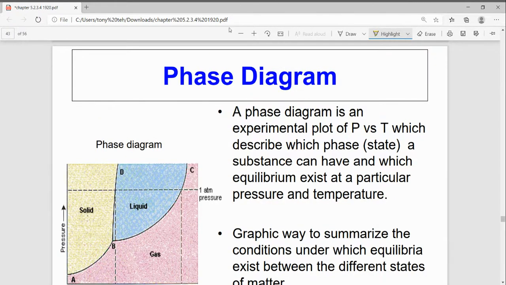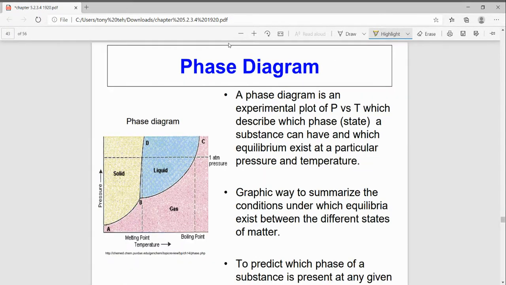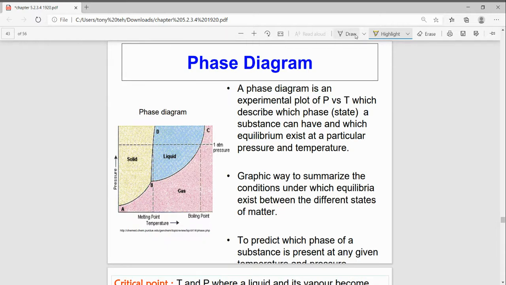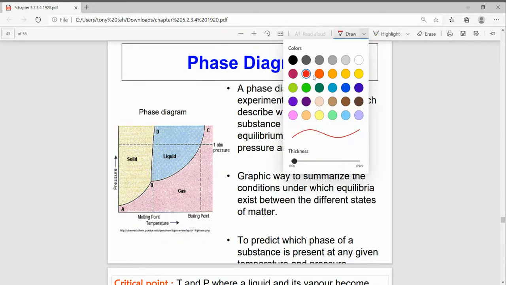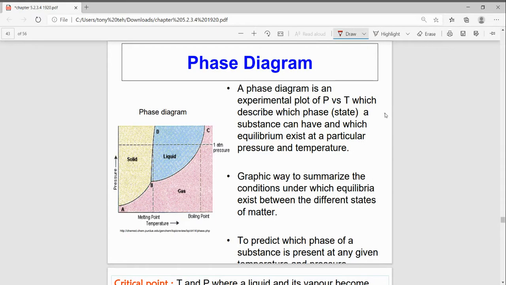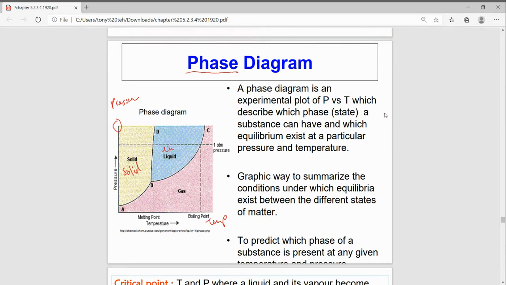Okay, now let's look at this. This is the phase diagram where this axis represents pressure and the X axis represents temperature. Then just now we said we have distinguishable boundaries. So we have solid, liquid, and gas.